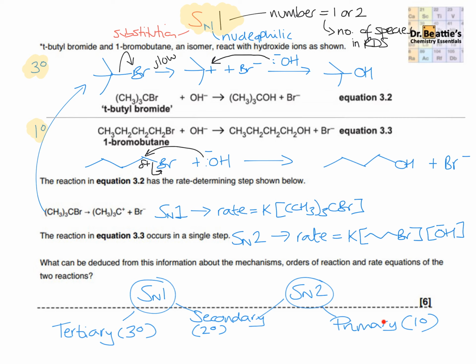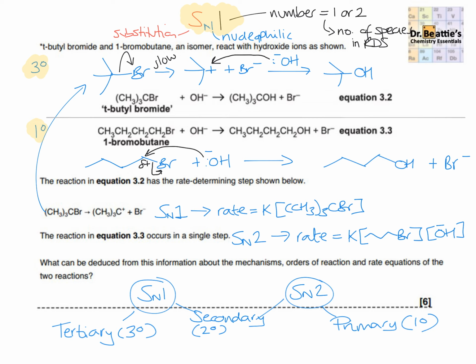Primary haloalkanes always undergo SN2, so both the hydroxide attack and the dissociation of the carbon-bromine bond happen simultaneously in one step. Whereas secondary haloalkanes can sometimes undergo SN1 and sometimes SN2, so you ought to be able to devise a mechanism for both types, SN1 and SN2.